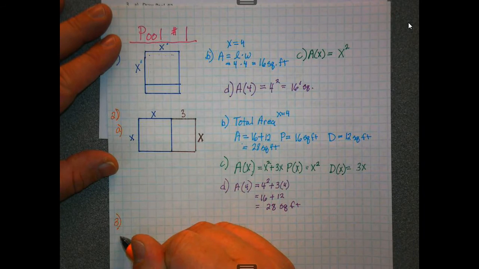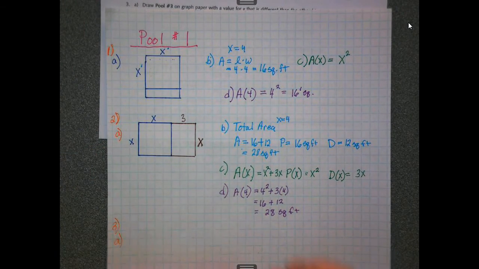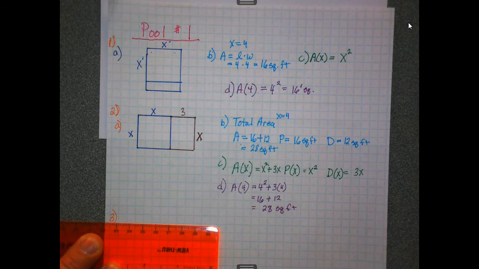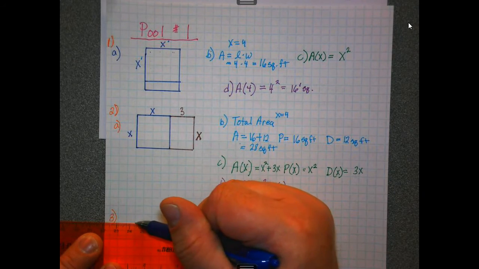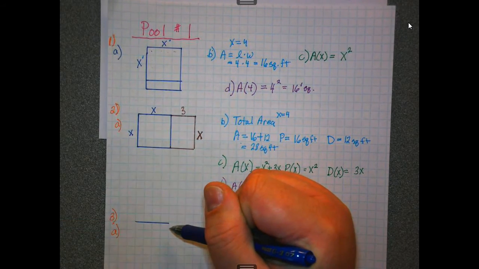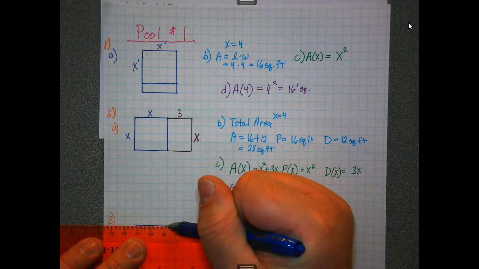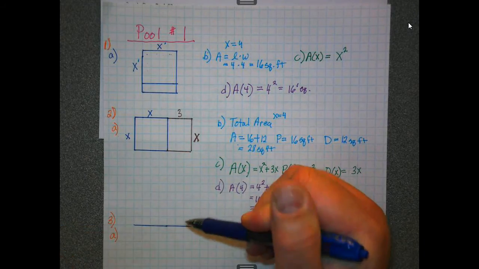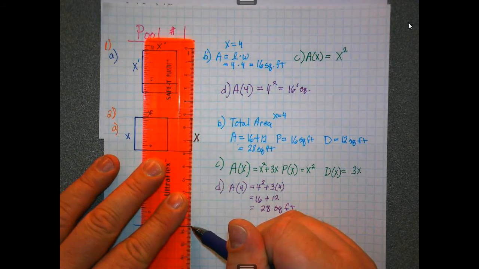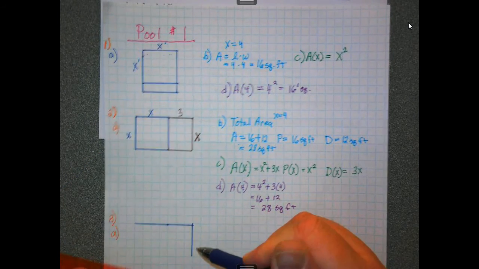All right, so question number 3. Okay, 3A. I have to draw my pool, 4 by 4. One, two, three, 4. And my deck. Might as well draw my deck. 1, 2, 3. 1, 2, 3, 4.